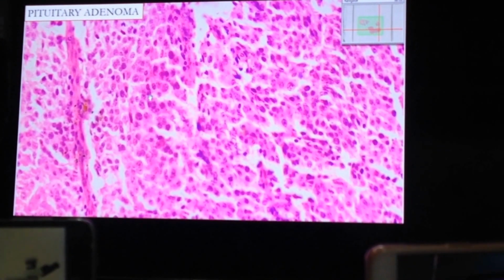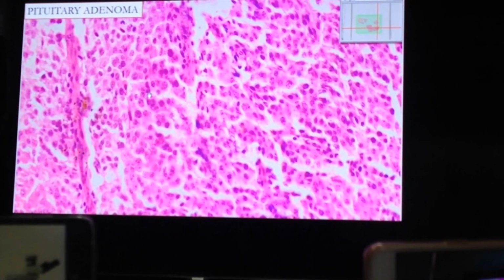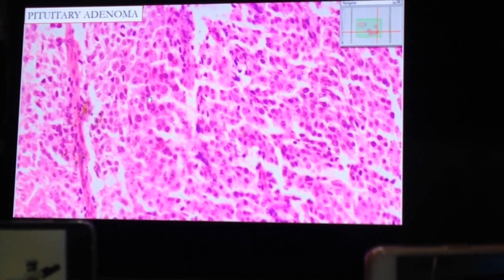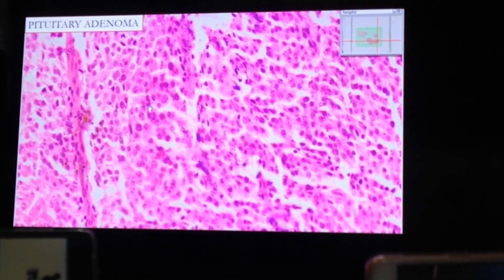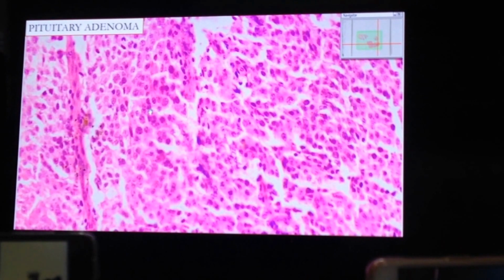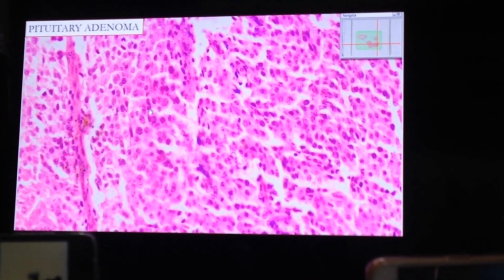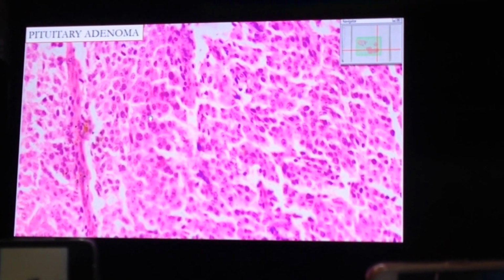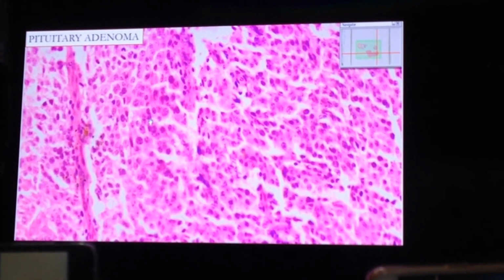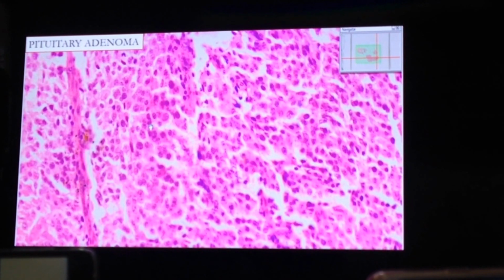Prolactinoma. Ano nga yung gigantism and acromegaly? Growth hormone, hormones in your somatotropes. Somatotroph adenoma. How about Nelson syndrome? In your ACTH. Corticotroph adenoma.